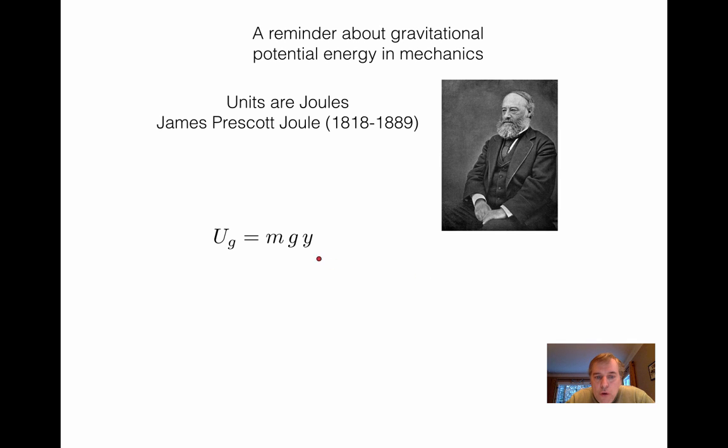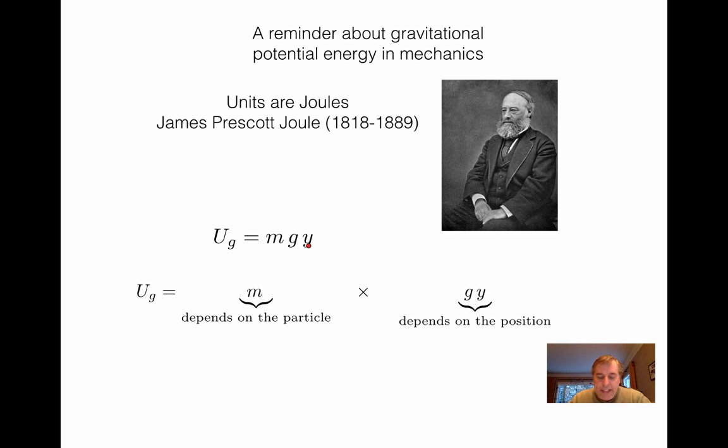You might have used mgh, but mgy is a better notation, because you might think h is always positive. Actually, it's really y we use here, and this y can be positive or negative. I use U for potential energy, so U sub G is gravitational potential energy, and it might be positive or negative, depending on whether y is positive or negative.